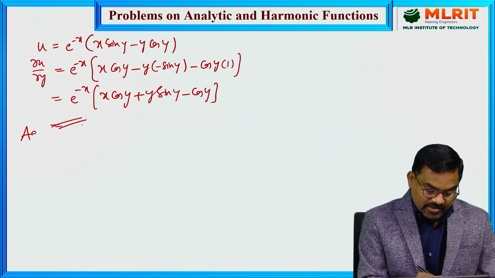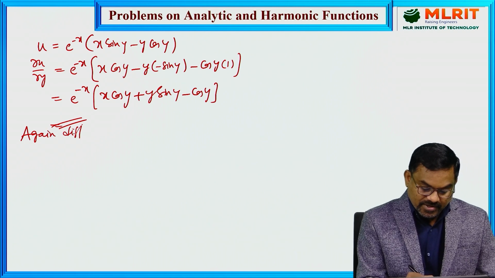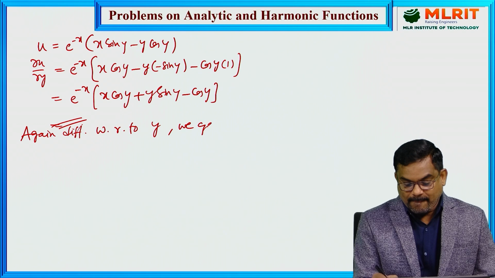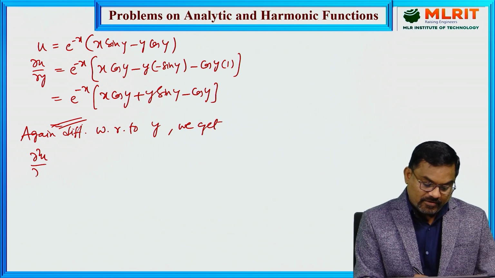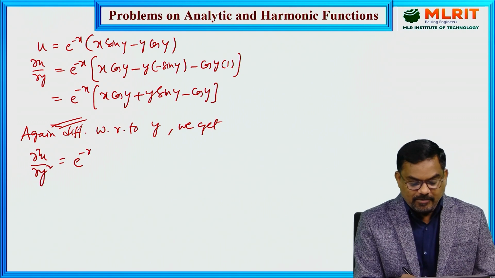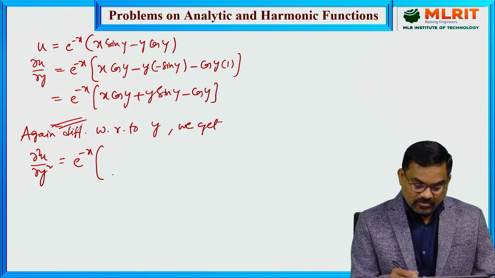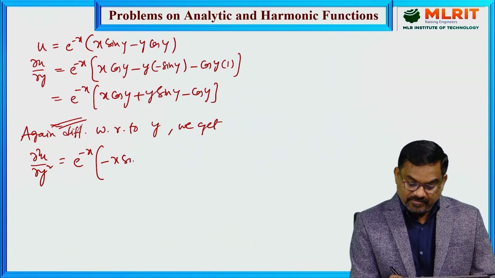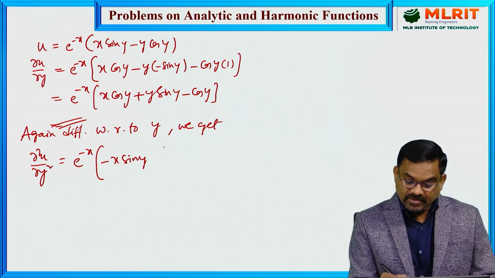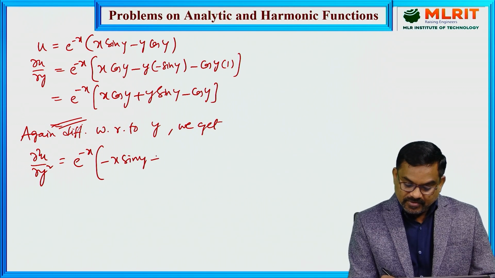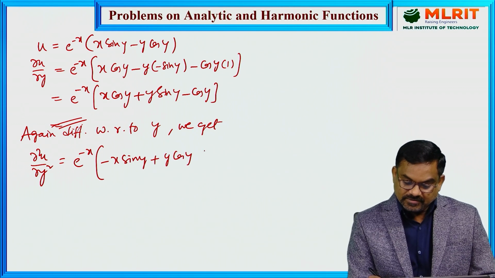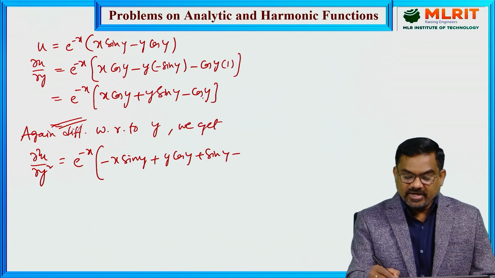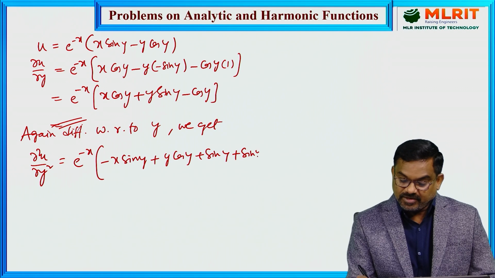Again differentiating with respect to y, we get the second order derivative of u with respect to y. Again e power minus x is constant. Now the inner function here with respect to y, so minus x sin y, and here uv rule plus y cos y plus sin y minus cos y, derivative is minus sin y, so plus sin y.